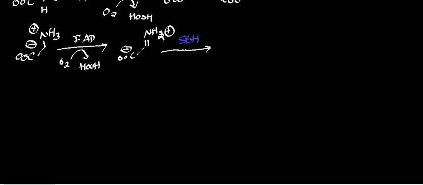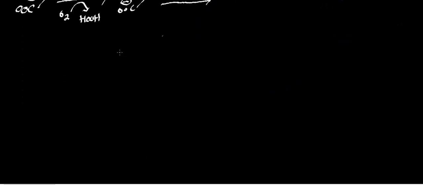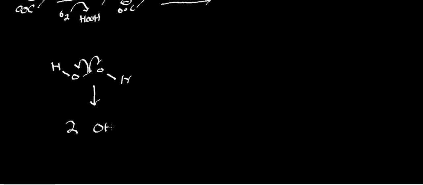Now, if you were to have hydrogen peroxide going willy-nilly throughout the cell, keep in mind what would happen. Even in the absence of iron, in which case you would have a Fenton reaction, hydrogen peroxide can spontaneously undergo homolytic bond cleavage. After this reaction you would have two hydroxyl radicals.